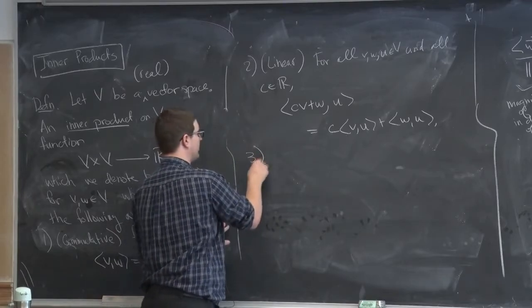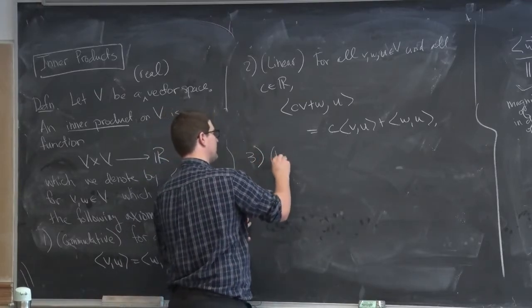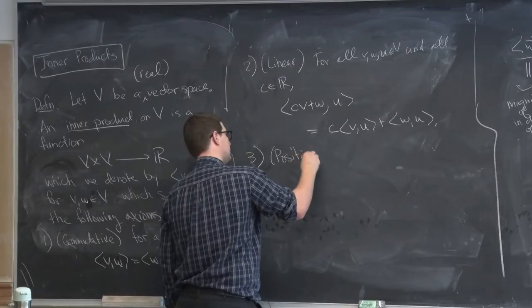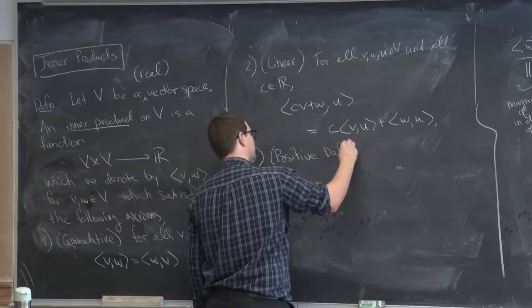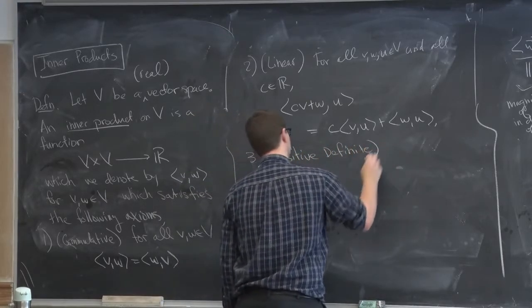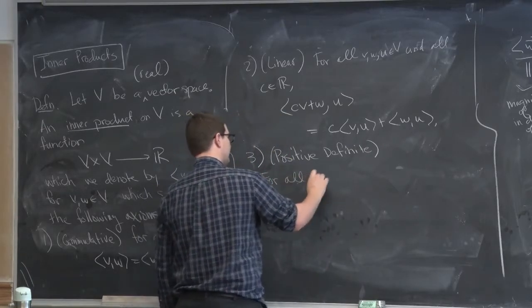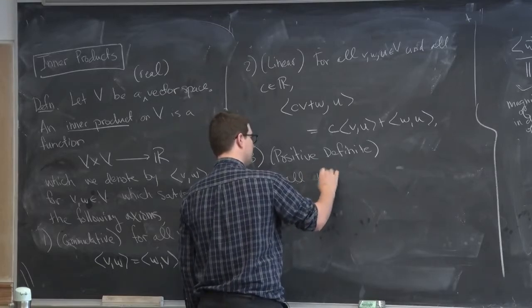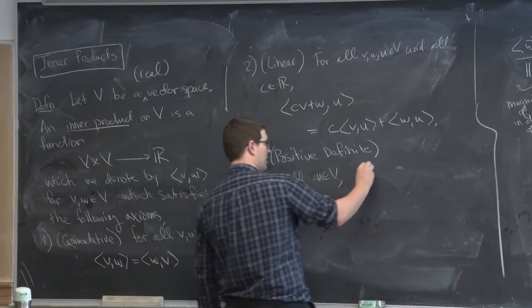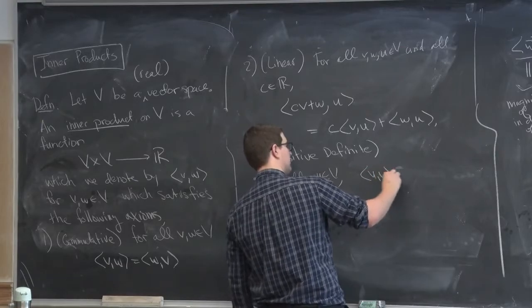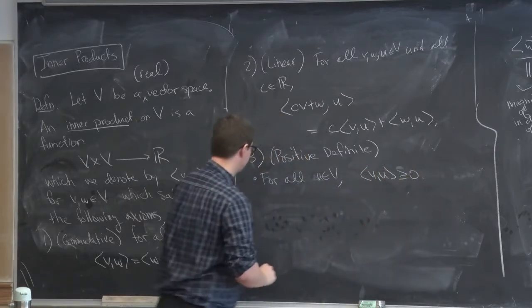And then the third thing is what's called positive definite. It says two things. One is that for all U in V, the inner product of U with itself is greater than or equal to 0.